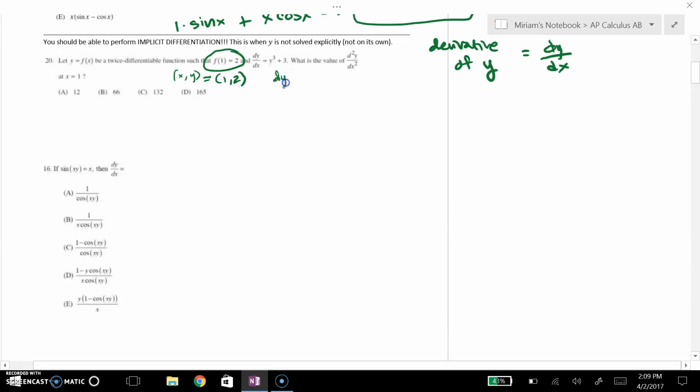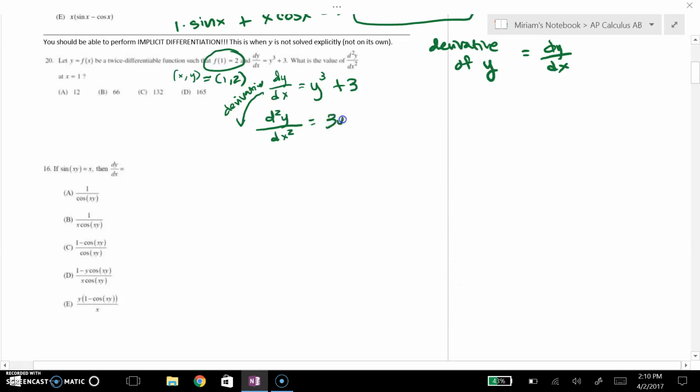I have dy over dx is y to the third power plus 3. And I need to get the second derivative of y. Okay, well, that's fine. To get the second derivative, I just need to take the derivative of dy over dx.